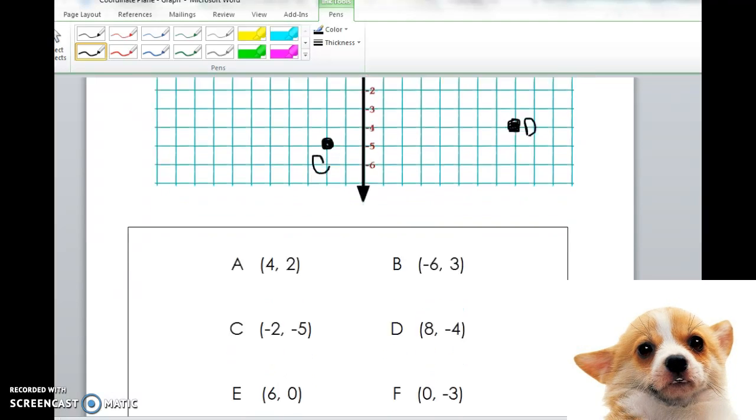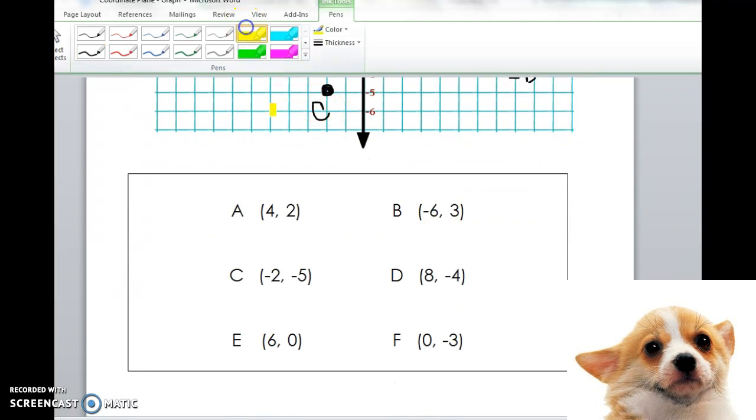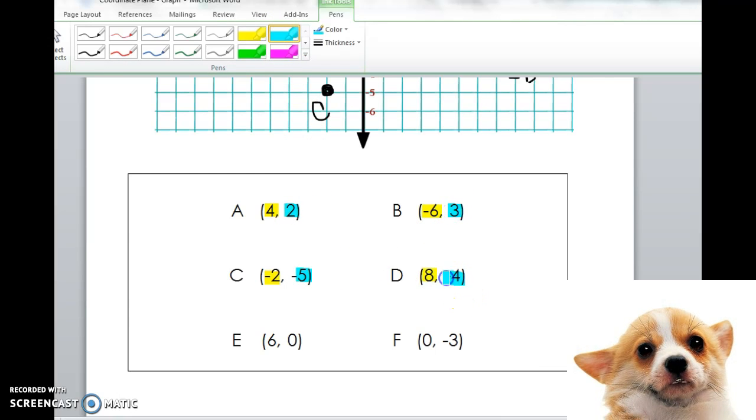Now, one strategy that you can use is you can highlight all your x values in one color. That helps you. And then all your y's in another color. This can help you to differentiate between the two.